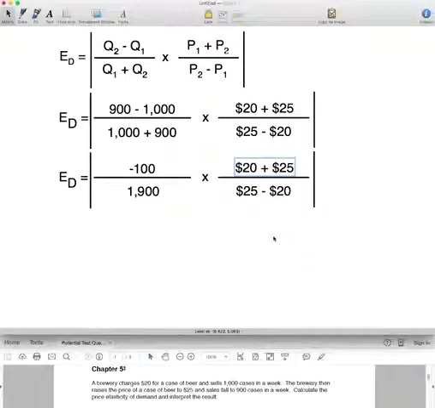Over here in the numerator we have 20 plus 25, so that gives us 45, and we have 25 minus 20, which gives us $5 in the denominator.